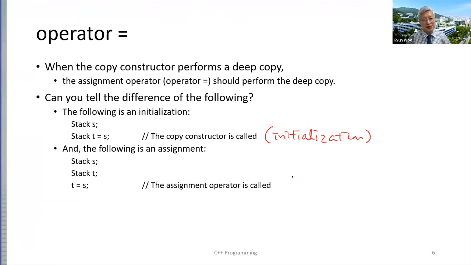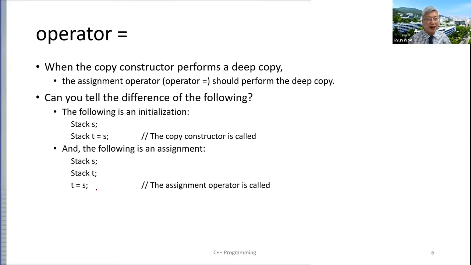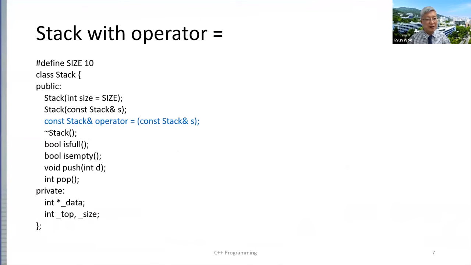Okay, so this is an assignment. So you want that similar code working similarly. So in that case, you have to overload the assignment operator, which is returning a const reference stack. So you may also safely use a const reference stack, okay? So this is not mandatory, but it is also good.